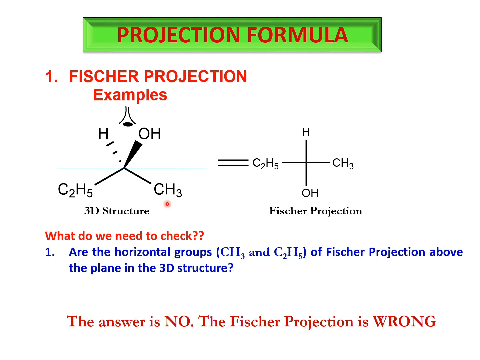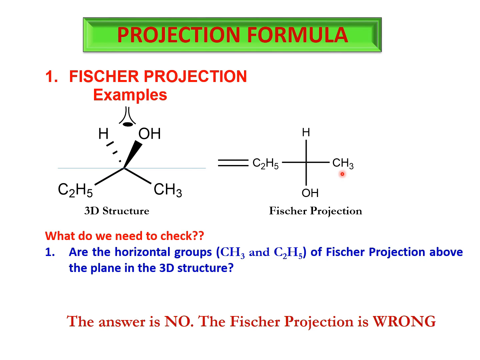So they are in a way behind the plane. But here you have drawn them on the horizontal line, and anything on the horizontal axis in the Fischer projection means it is above the plane, it is towards the viewer. So in your Fischer projection, the CH3 and C2H5 are towards the viewer, they are above the plane. But in your 3D structure, they are behind the plane or away from the viewer.